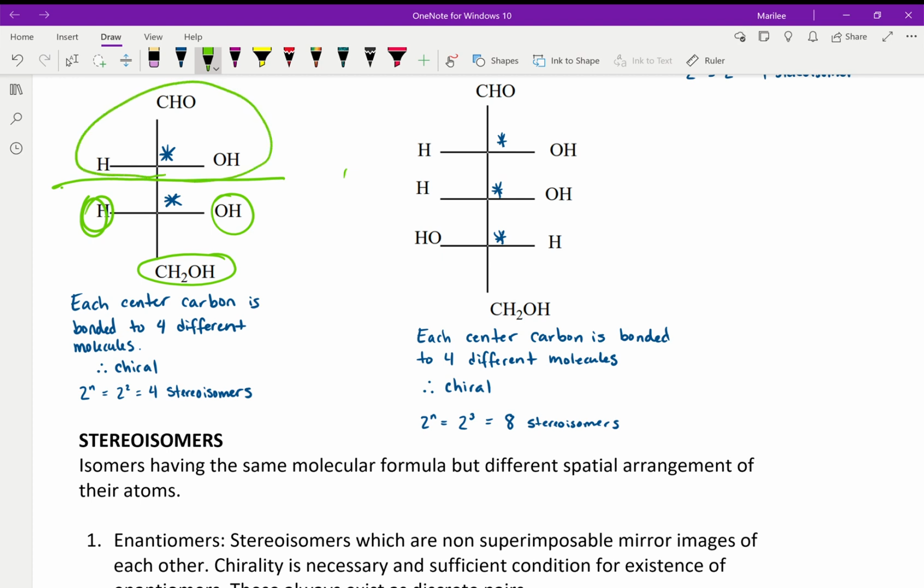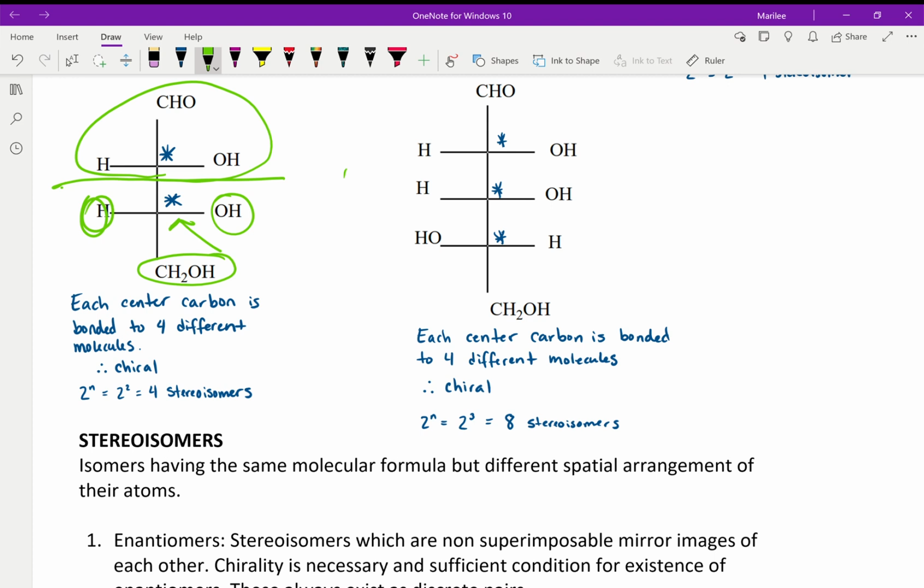So every group is different. That's where I get the second chiral center from. So this molecule has 2 chiral center carbons. When we put it into our 2 to the n equation, it's 2 to the power of 2, which is equal to 4. Therefore, we can have 4 stereoisomers of this molecule.